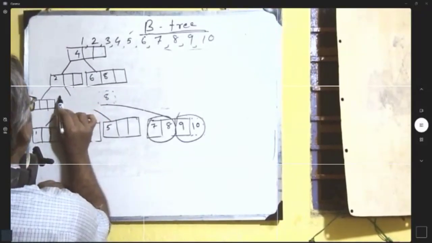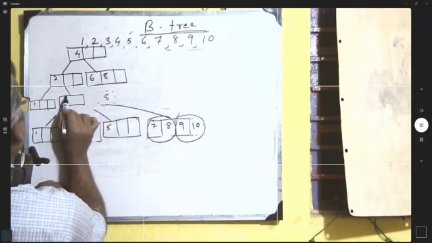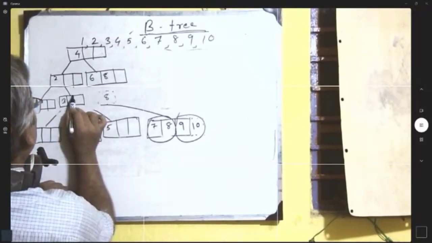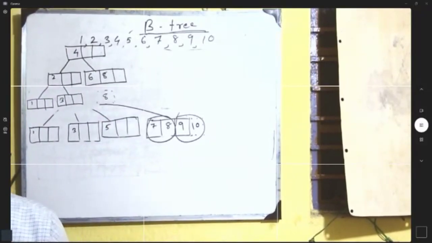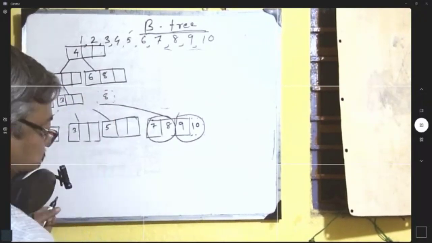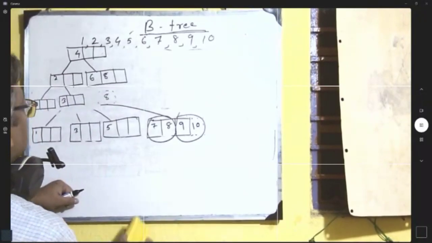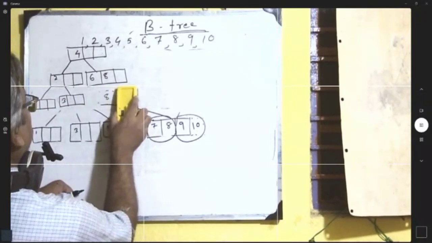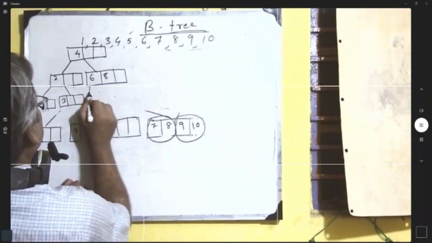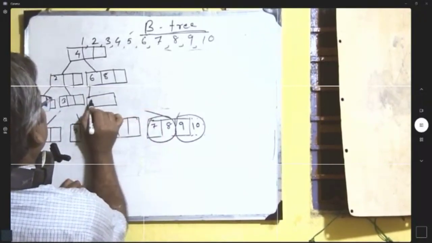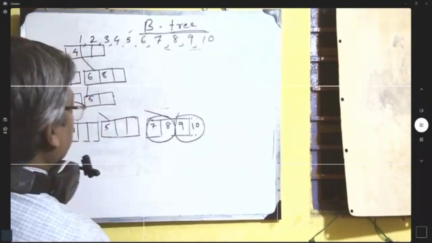So 3 will be shifted to the right position of the 2. 5 is another child, and 5 will be shifted to the left position of the 6.